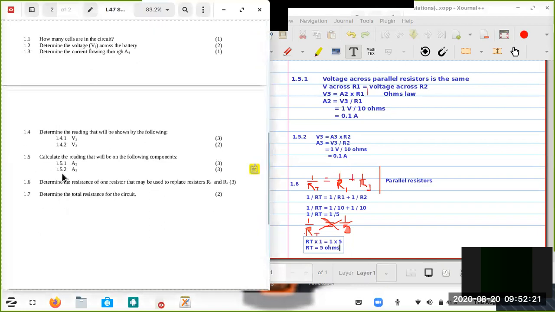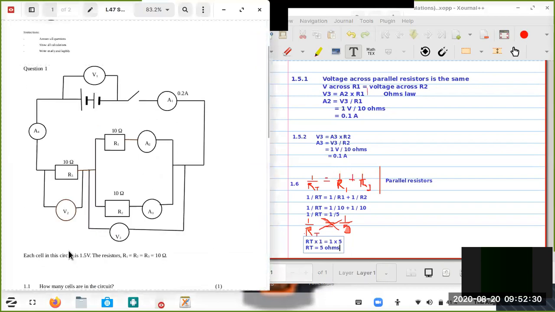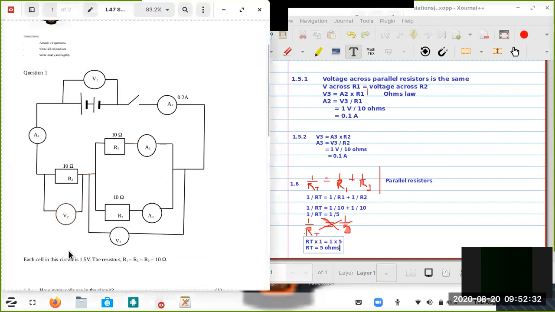Determine the total resistance for the circuit. Now, we have one resistor to replace R1 and R2 that are parallel, right? So R1 and R2 are now going to be replaced by a 5 ohm resistor. Then we have R3, resistor number 3, which is 10 ohms.